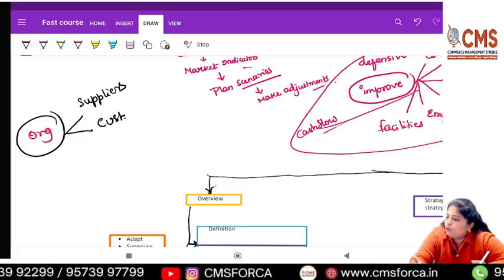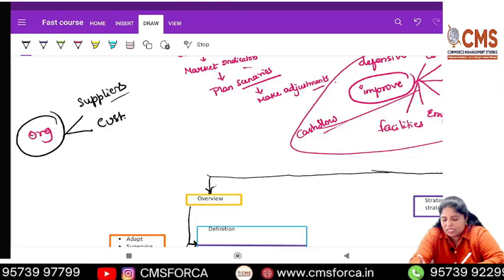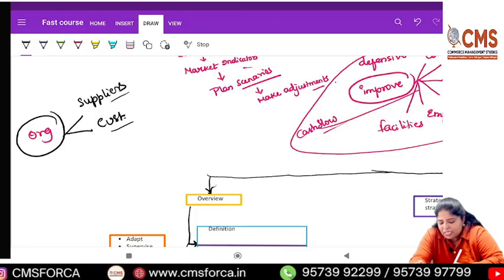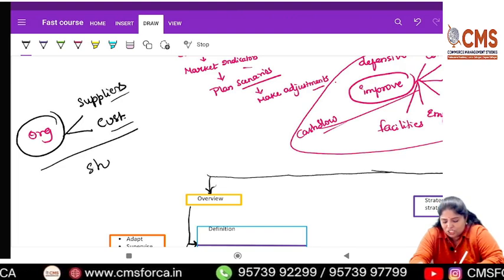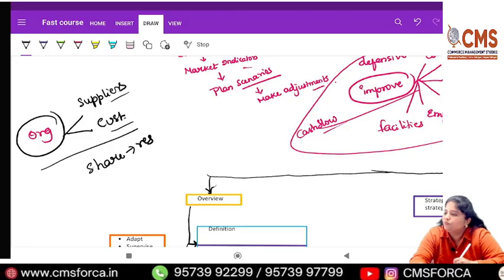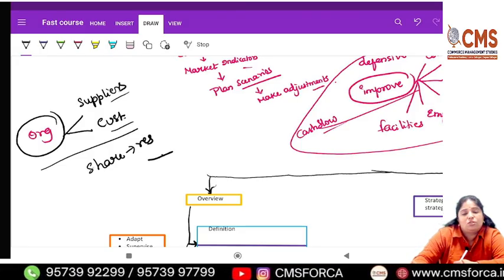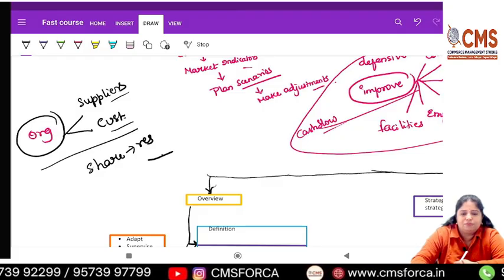When they collaborate with their suppliers, customers, or other friendly organizations, the advantage they get is they can share resources, and the overall cost factor can also be greatly reduced.